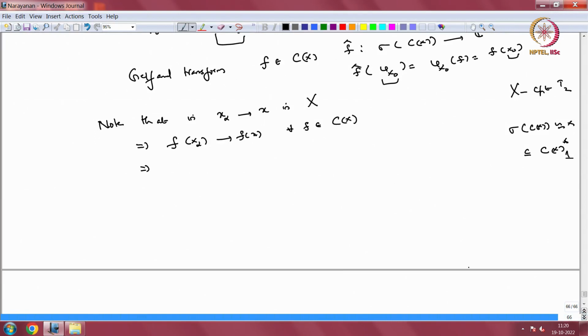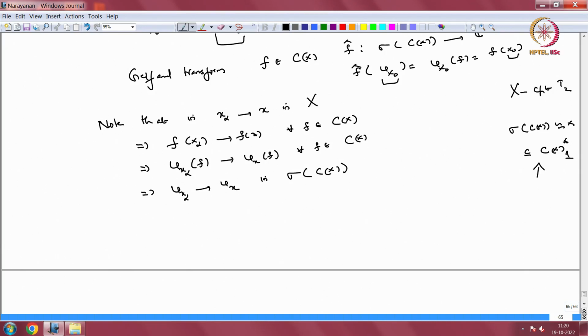What is the meaning of f of x alpha converging to f of x? That is the same as phi sub x alpha, the corresponding multiplicative linear functional, applied to f converging to phi sub x of f for every f in C of X. This convergence happens in the complex numbers, which is the same as saying phi sub x alpha converges to phi sub x in sigma of C of X. Remember sigma of C of X comes with the weak star topology, which is pointwise.